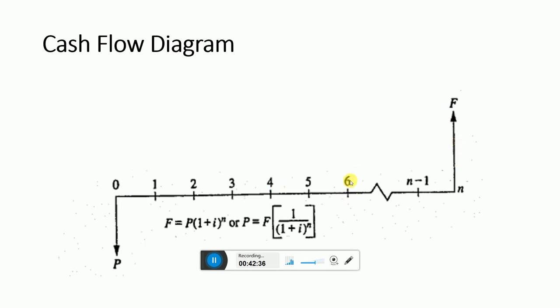If we have an arrow up, it means a positive cash flow. If we have an arrow down, it means it's negative. We can see this in this example. These relationships form the basis for many complicated engineering economy studies involving the time value of money.